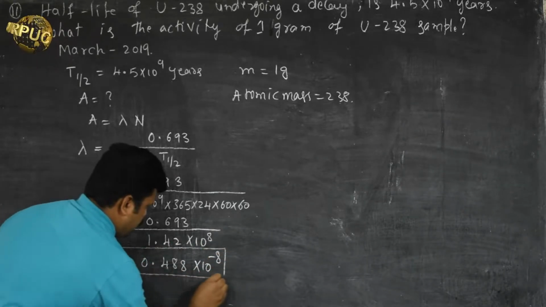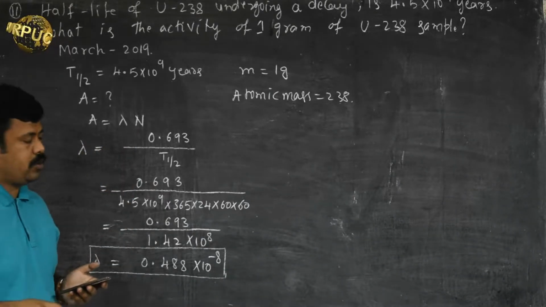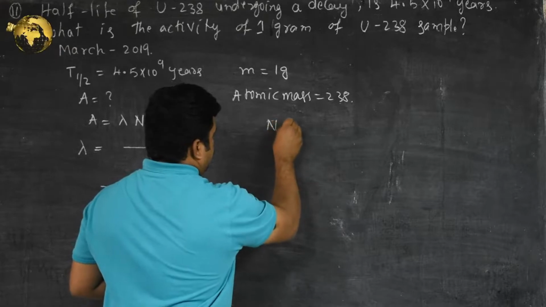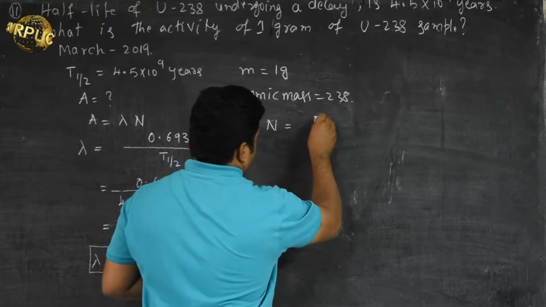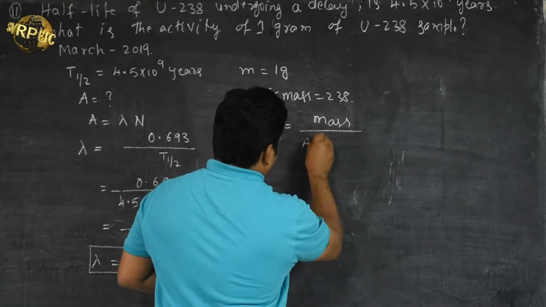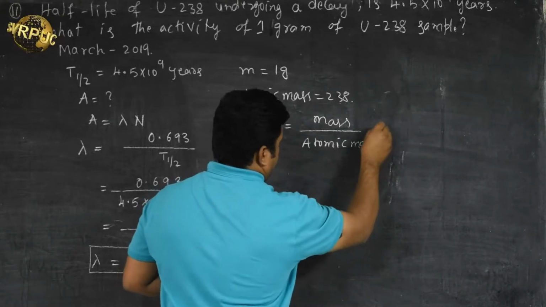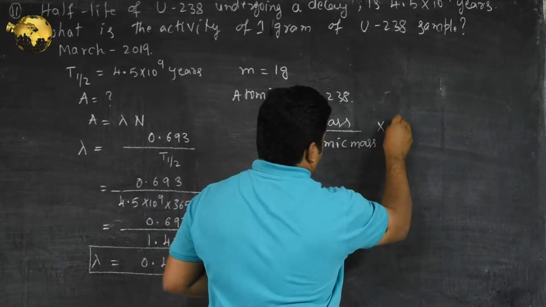Let's proceed to the next one. N, that is the number of atoms. So N is equal to the given mass divided by atomic mass, multiplied by Avogadro number.